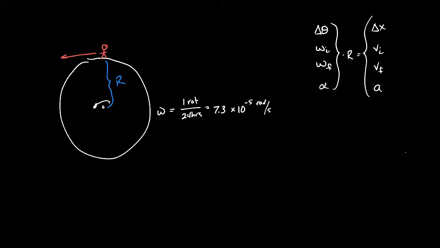And I'm not sure which class I was able to get it out. So the radius of the Earth is 6.38 times 10 to the 6th meters. That is the radius of the Earth. Now, it's just a hop, a skip, and a jump to tell me what the linear speed is then.